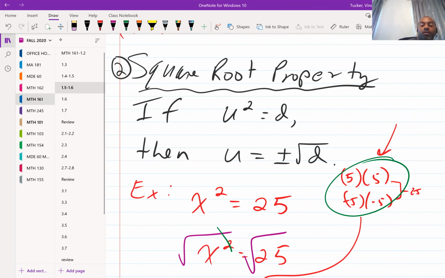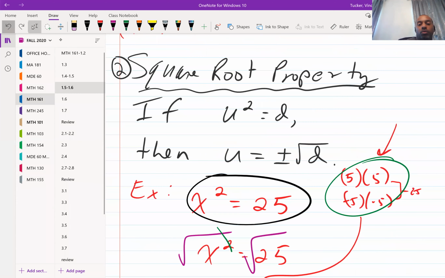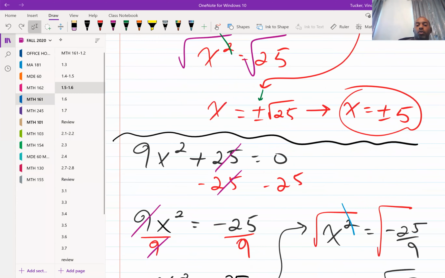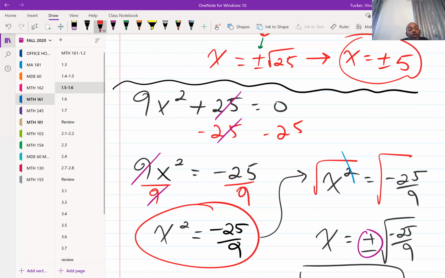So we isolate whatever's being squared on one side of the equation. Let me do it like this. I'm going to subtract 25 from both sides and then divide by 9. If you want to use the square root property, that's what we're doing. We're going to isolate whatever's being squared to one side of the equation by itself.